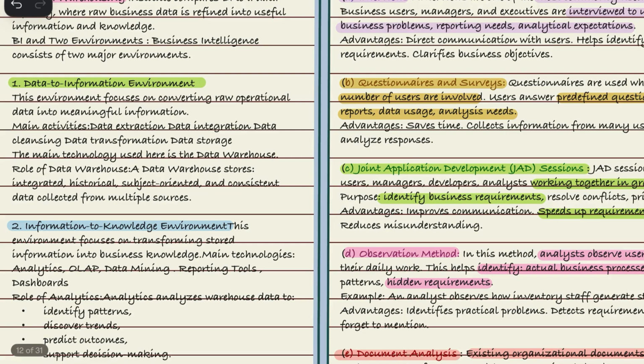In BI there are two major environments, right? The first environment is the data to information environment. The goal of this environment is to take the raw, messy transaction records and turn them into structured and accessible information. This is powered entirely by the data warehouse and ETL pipeline.